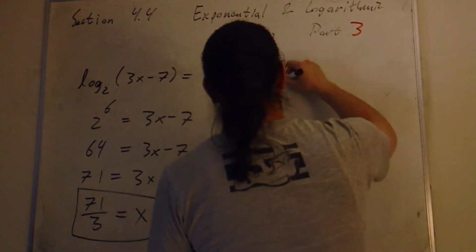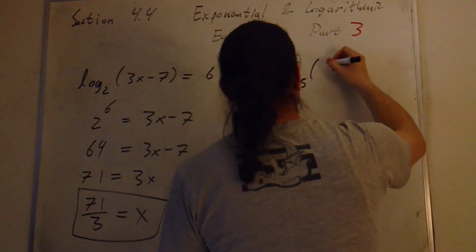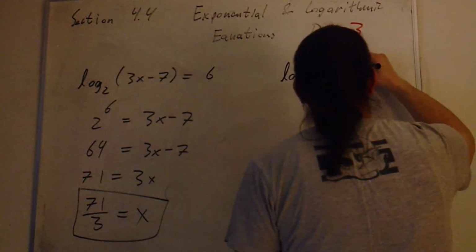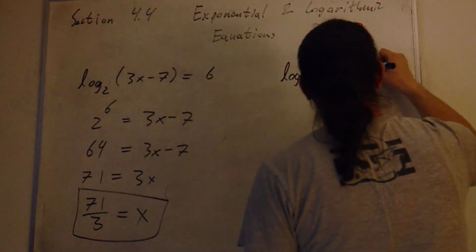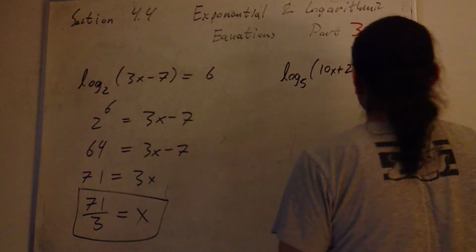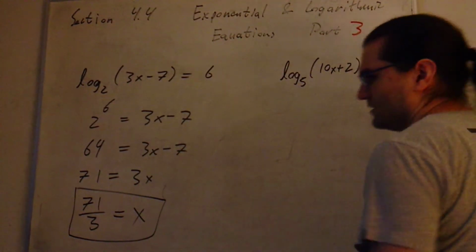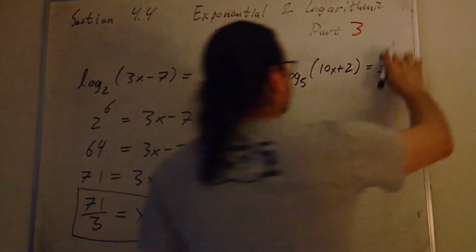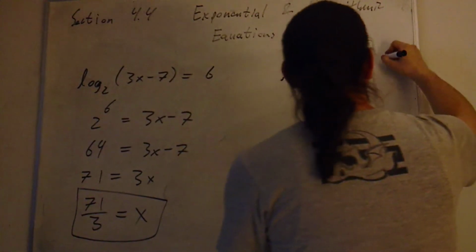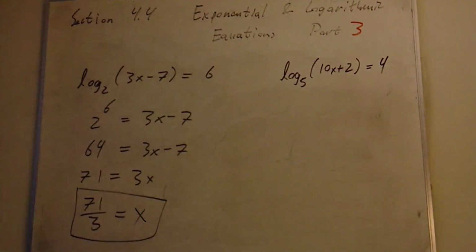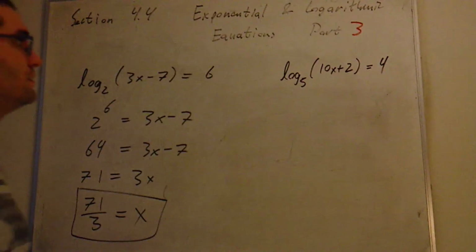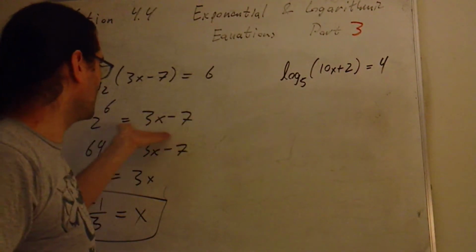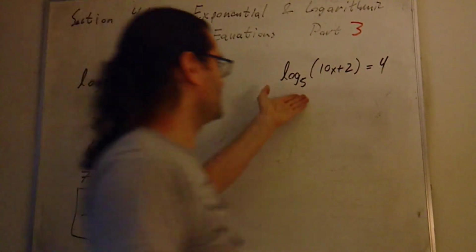Let's think about log base 5 of 10x plus 2 equals, I already did one that equals 3. Let's have this one equal 4. First step, we're going to transform this into a linear equation using the definition of a log.